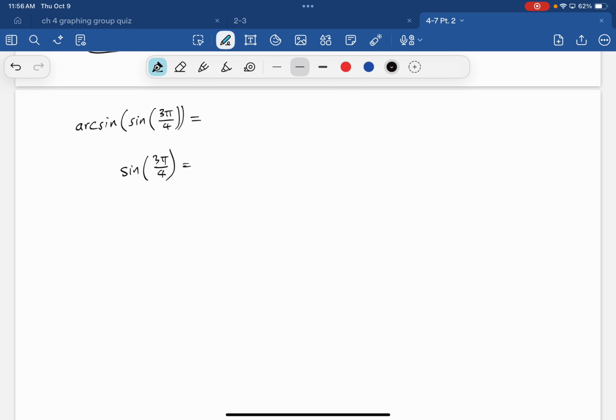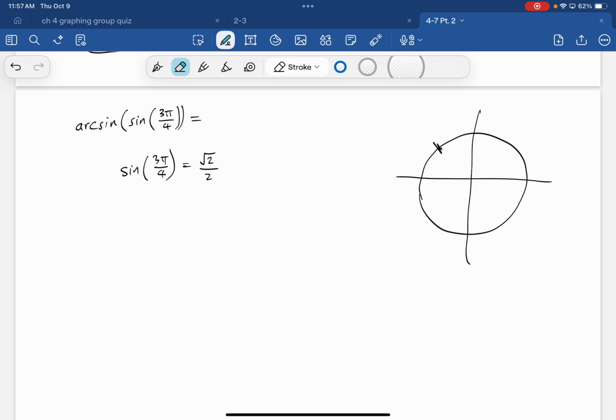This is the stuff I told you guys to be able to do in 5 seconds, right? Negative root 2 over 2. Wrong. Root 2 over 2. Yes, positive root 2 over 2. After the 5th try, sine 3 pi over 4 is root 2 over 2. On the unit circle, we are right here. That's root 2 over 2.